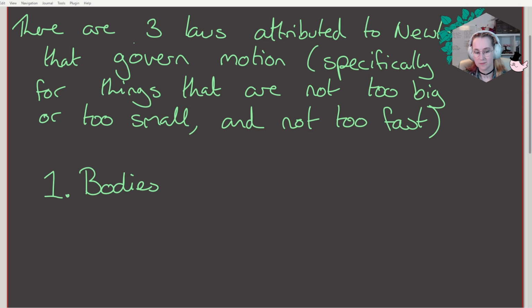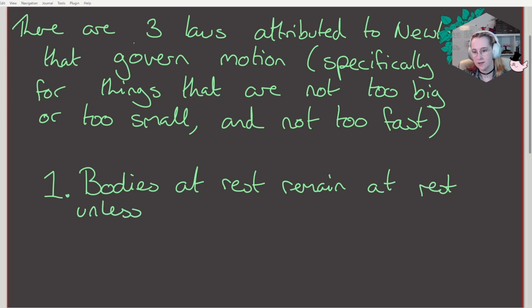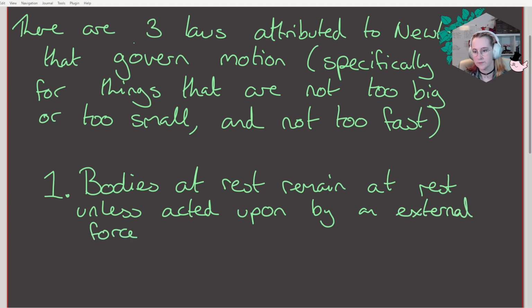But essentially, bodies at rest remain at rest unless acted upon by an external force. And the same can be said for in motion. Bodies in motion stay in motion.